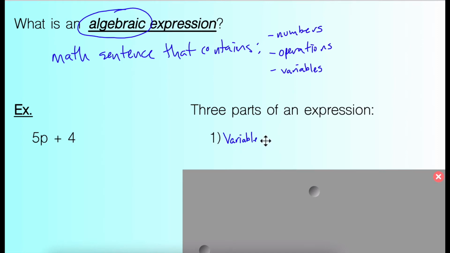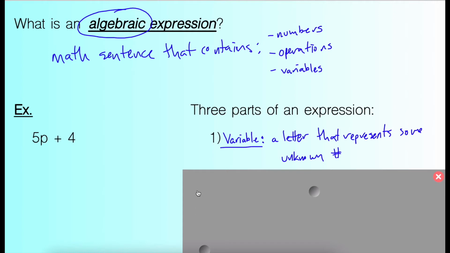A variable is typically a letter that represents some unknown number. So in this expression, 5p plus 4, p represents some number, whether it be 10, 15, 0, 1.